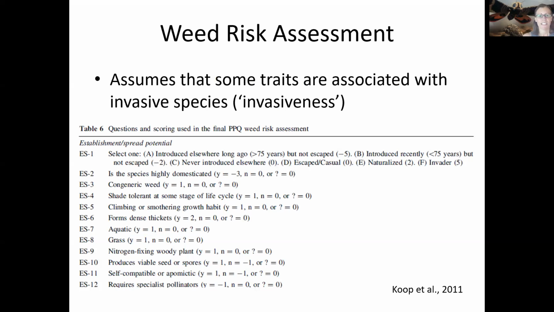All of these ideas about traits, that there might be some traits that would favor a plant or an insect or whatever it is to become invasive, also lead into what are called weed risk assessment protocols. This is the protocol from APHIS, the Animal and Plant Health Inspection Service, their Plant Protection and Quarantine, or PPQ, protocol.